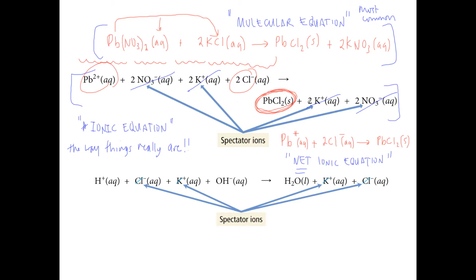Okay? The potassium is doing nothing, and it's called a, well, you've got it here, spectator ion. You see that? They're just spectators, not doing anything at all. Just there keeping the charge balanced.